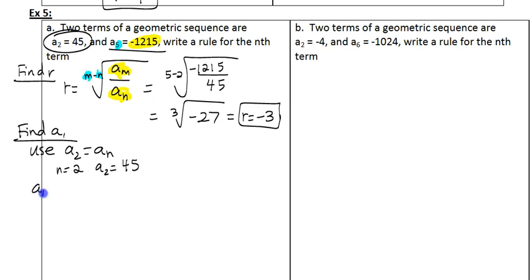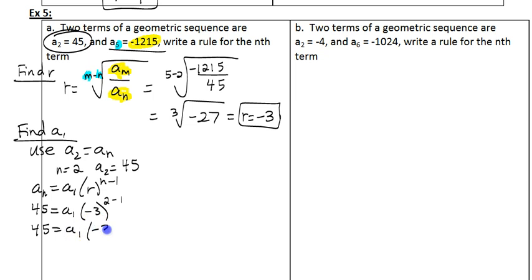So if I look at my formula here, I'm going to put 45 in right here for term n. a1 stays a1 because that's the variable I'm trying to find. r is negative 3, we just found that, and then n is the term I'm using. So right now I'm using term 2 as term n, so I put in 2 for n.